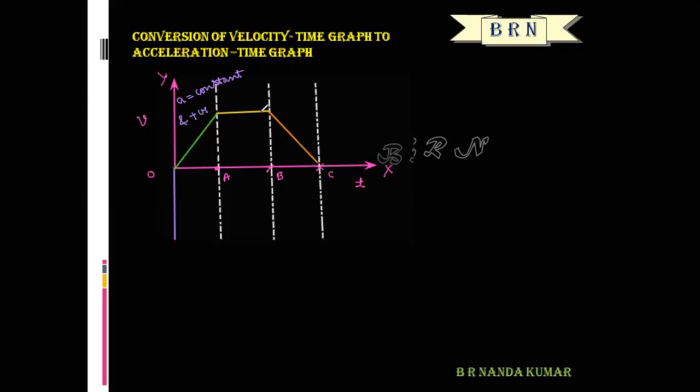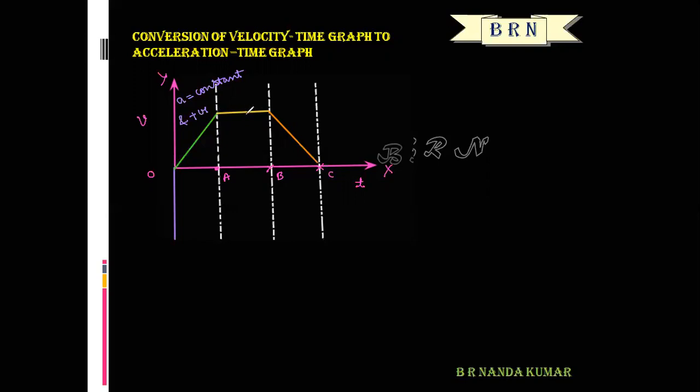Because this is a straight line parallel to the time axis, it means as the time increases, velocity will remain constant. As the time increases from A to B, what happens to the velocity of the particle? The velocity will remain constant. So that clearly shows that the particle is moving with a constant velocity.